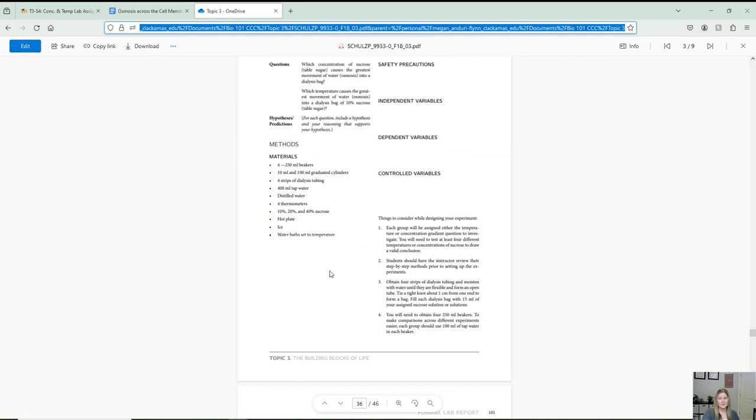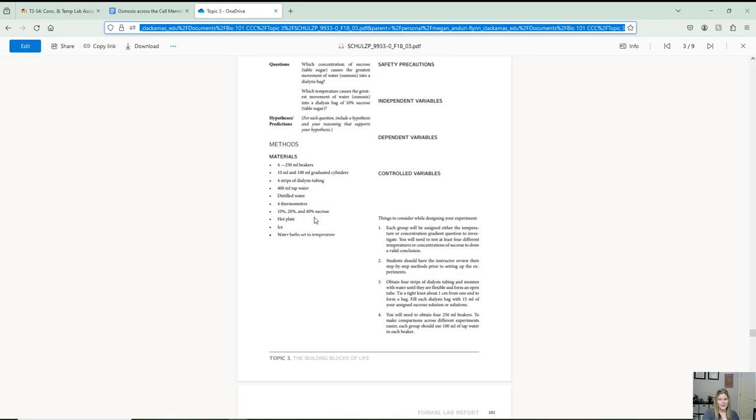In this particular lab, if you don't have beakers, just use cups of the same size. It doesn't matter what type of cup. It could be a glass, a paper cup, a plastic cup, whatever. Again, if you don't have graduated cylinders, you can use a beaker to measure. You will need your dialysis tubing, which should be included in your lab kit.